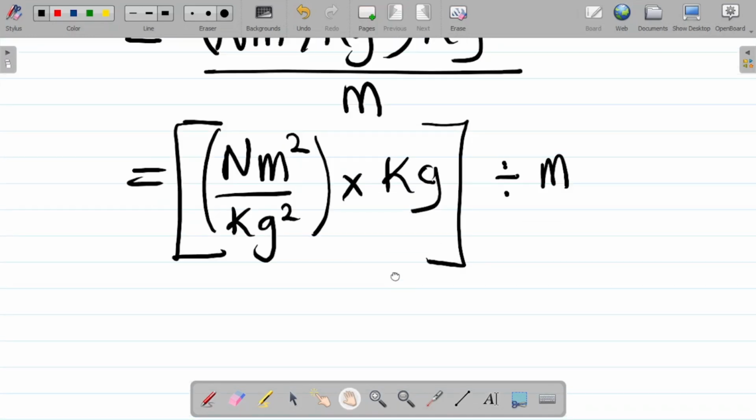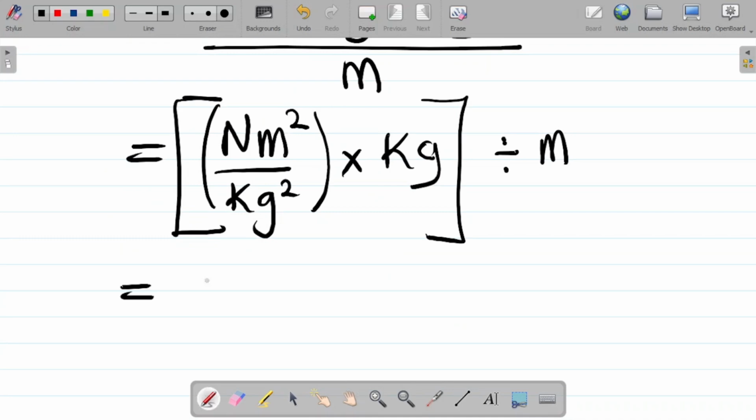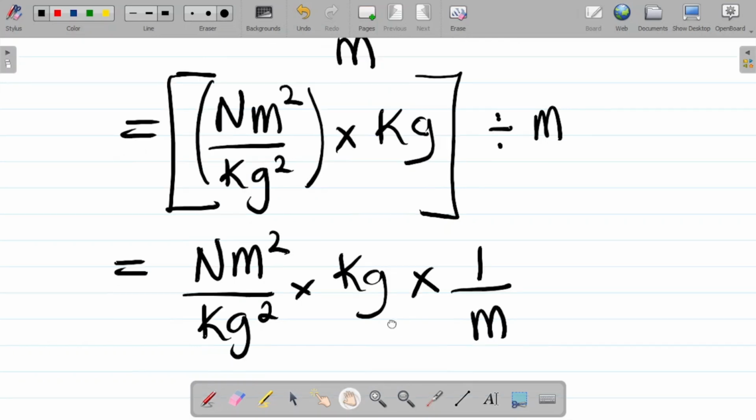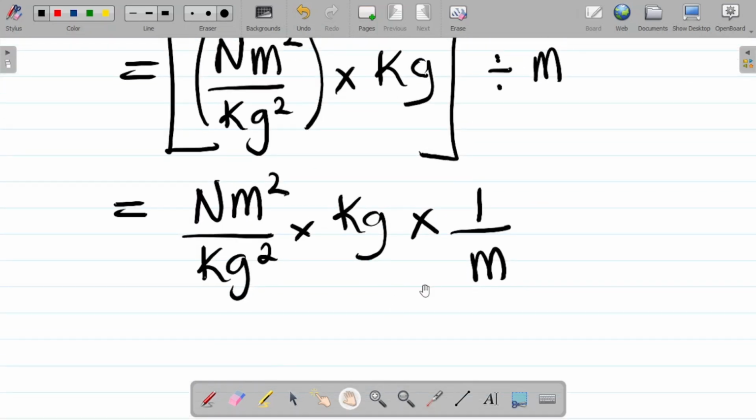And this would now be equal to Newton meter squared all over kilogram squared times kilogram. To eliminate the division, we turn this to multiplication and take the inverse, which becomes 1 all over meters.